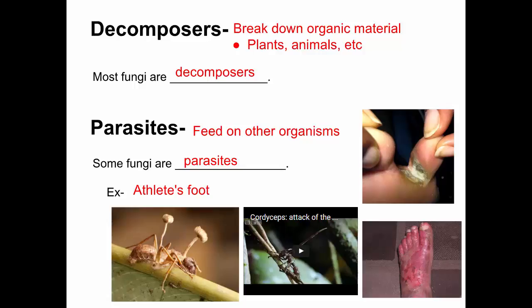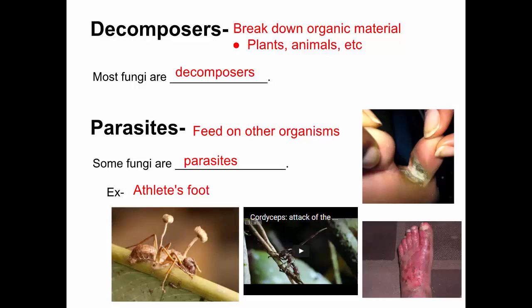At some point I'll show you this. These are parasitic fungus that actually, the spores land on insects, grow into them, infiltrate their brain, sort of taking over the insect, makes the insect crawl to the very top of a tree or a branch, and then it kills them.